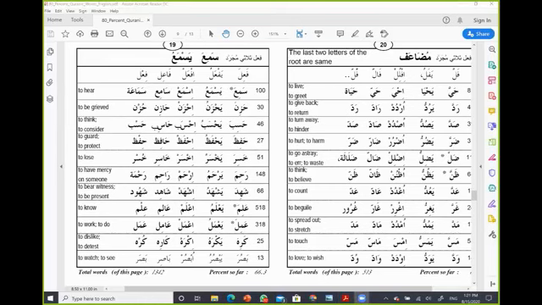Hafidha would actually be to guard or to protect, but remember, this is still a regular verb. Yahfadhu, again, based on that pattern, to protect or guard. Hafidha is guarded or protected, and this one is present and future tense, meaning guarding or protecting.